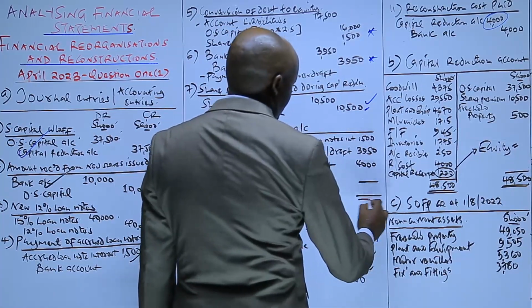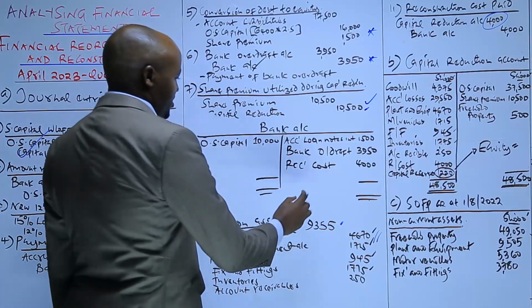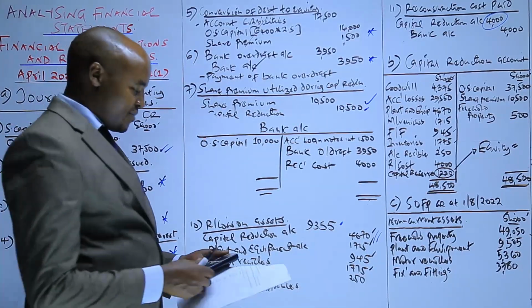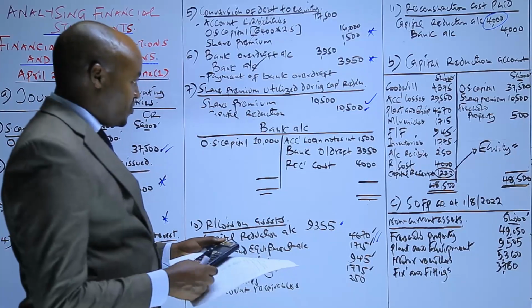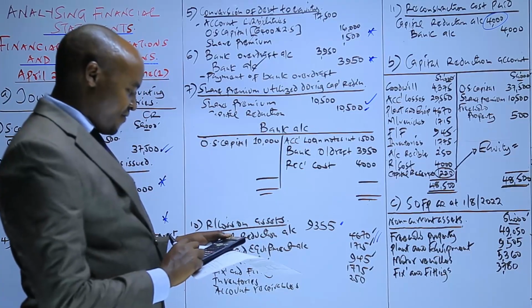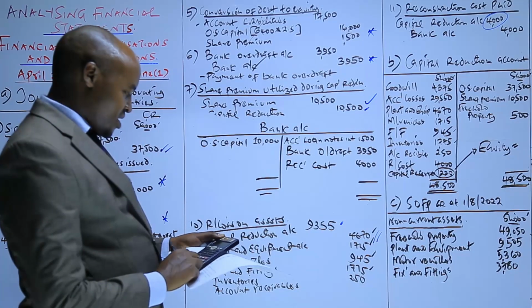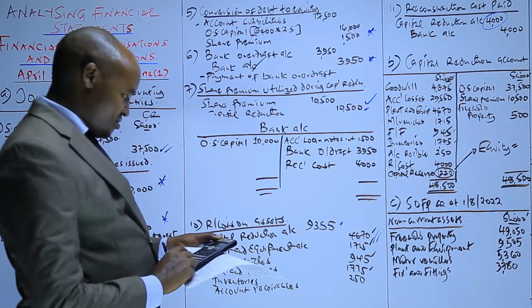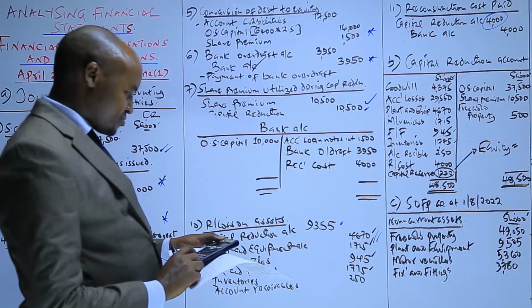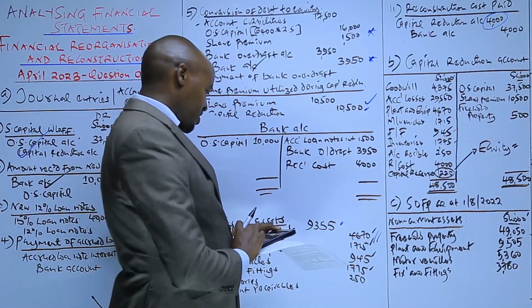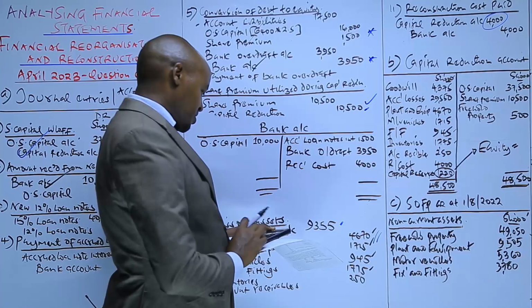And then from there we balance our account, and we determine how much was in the bank account. Was there still a bank overdraft, or was there some cash available in the bank? So we need to get the total on the credit. We have 15 plus 3950, plus 4,000, which will give us 9450, minus what we have on the debit, 10,000.